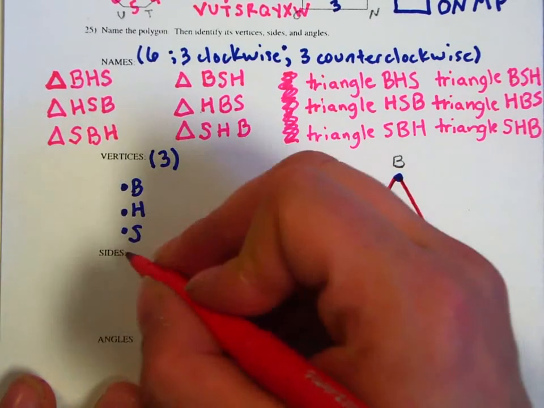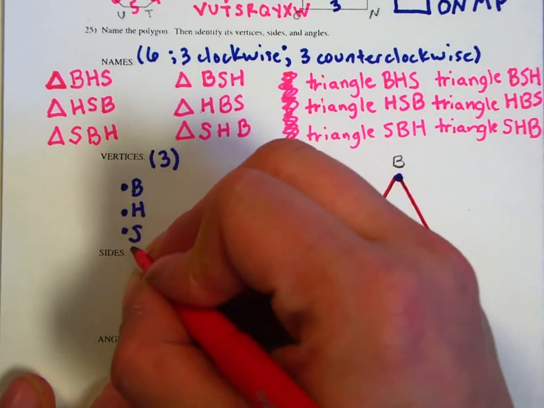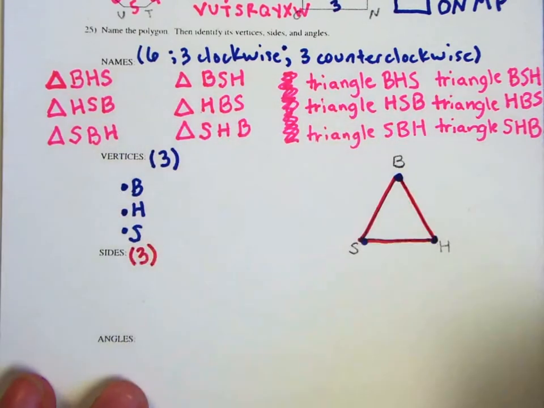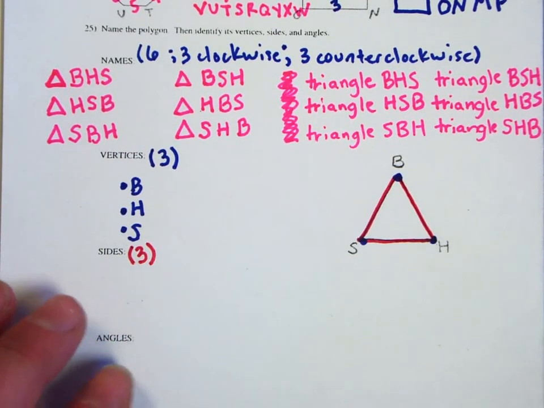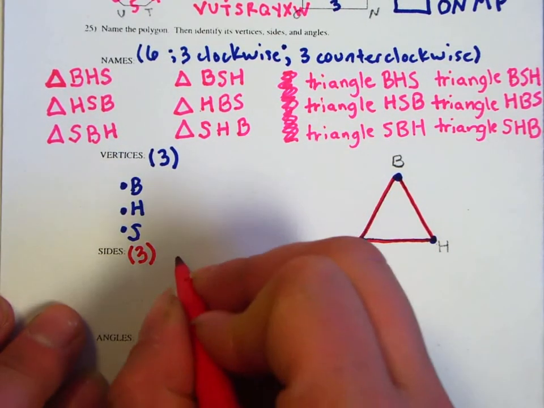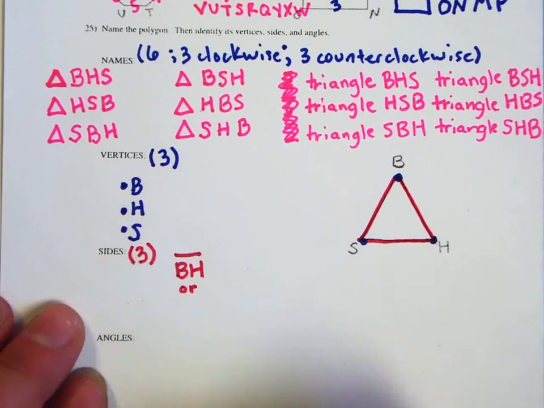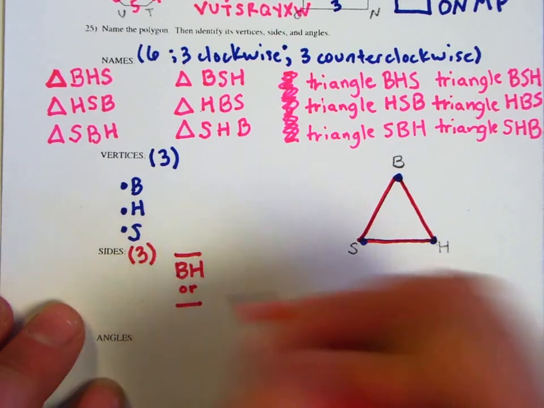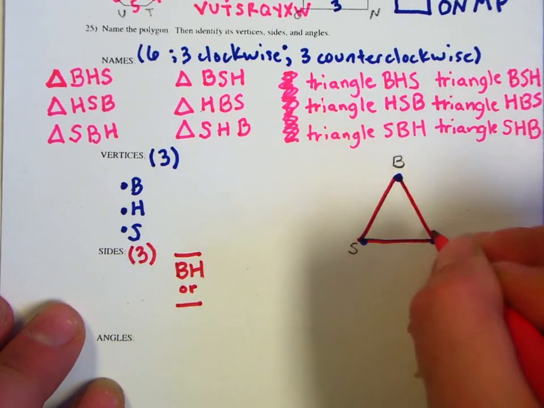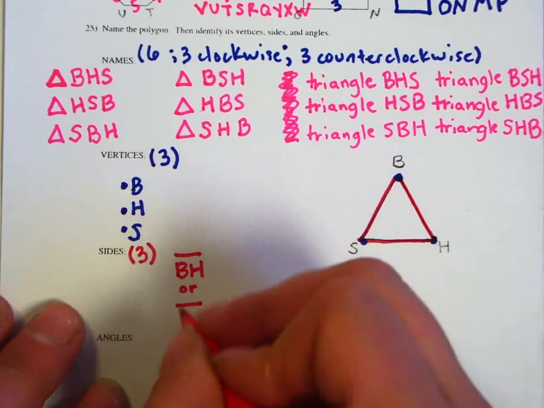We know it's a triangle, so we know that we have 3 sides. We know that there's 2 appropriate ways to name each side. So let's start out. We could have side BH. It is equally acceptable to name that side HB. BH is the same as side HB.